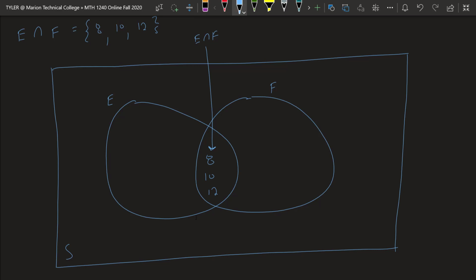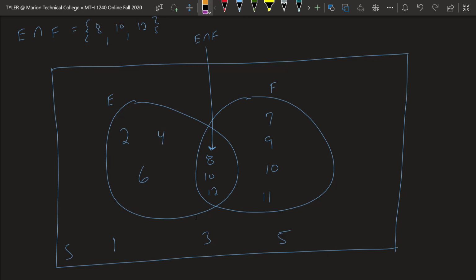Set E also contains a 2, a 4, and a 6, so those go inside E but not inside F. The other numbers in F but not in E would be 7, 9, and 11. And the numbers in set S that are not in E or F would go outside in this box somewhere, like 1, 3, and 5. Now I have all of my numbers 1 through 12 on this Venn diagram.